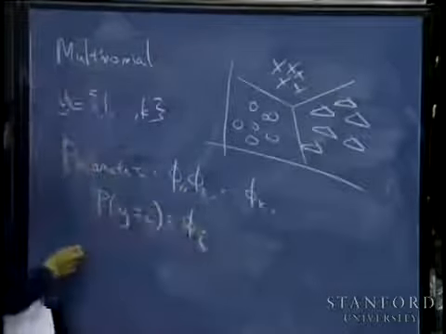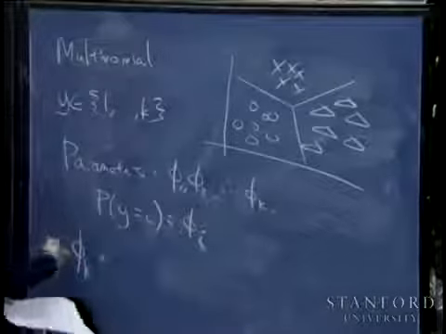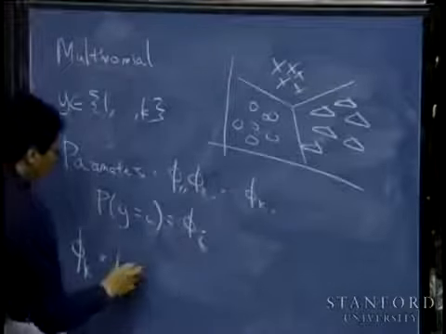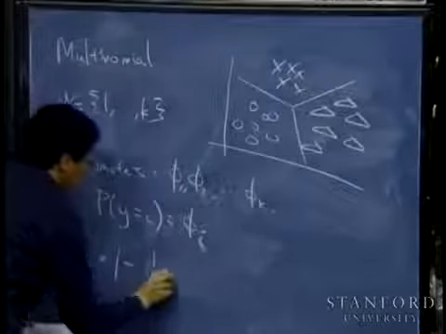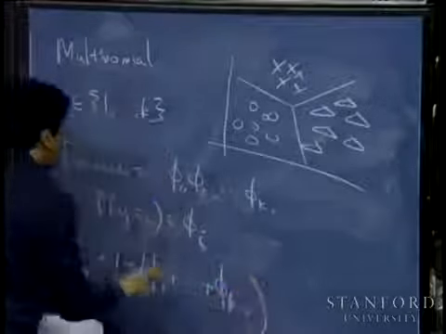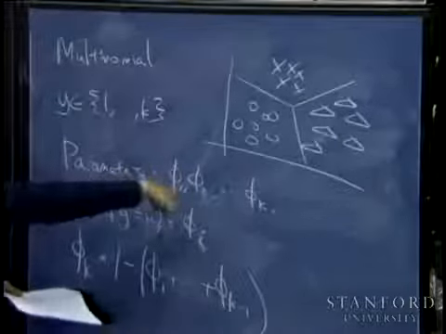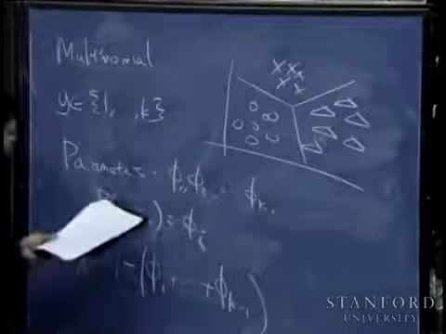And therefore, for example, I can derive the last parameter phi k as 1 minus phi 1 up to phi k minus 1. Right? So this would be a redundant parameterization of a multinomial.